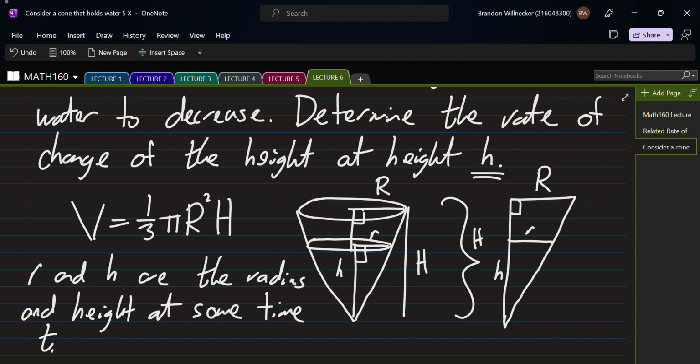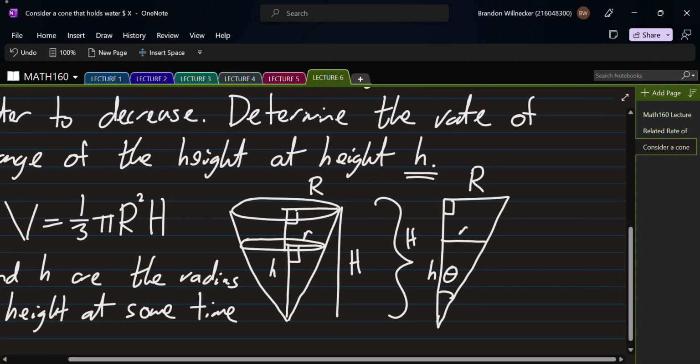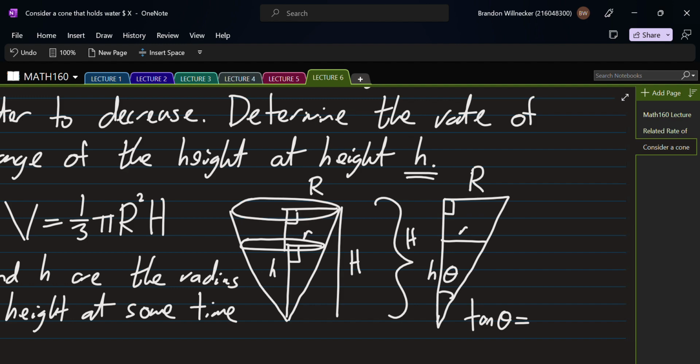Both of these triangles have a common angle. Let's call it theta. So tan theta, if we consider the big triangle, is opposite over adjacent, so that's capital R over capital H. If we consider the smaller triangle, that's little r over little h.